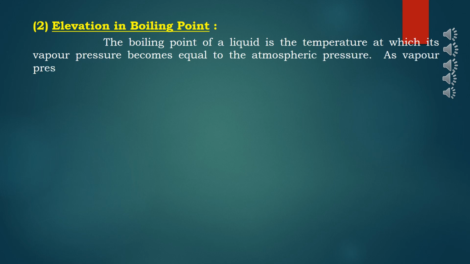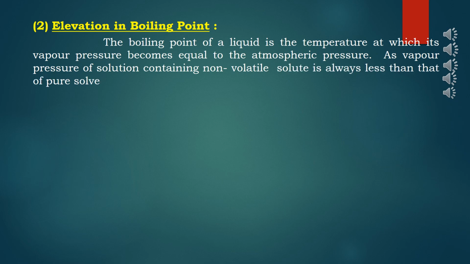As we already discussed, the vapor pressure of a solution containing a non-volatile solute is always less than that of pure solvent. So if we add a non-volatile solute in a solvent, the vapor pressure of the solution decreases.